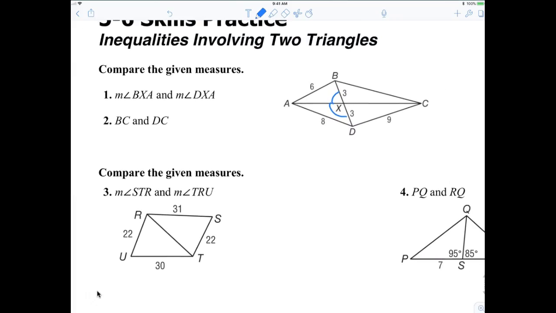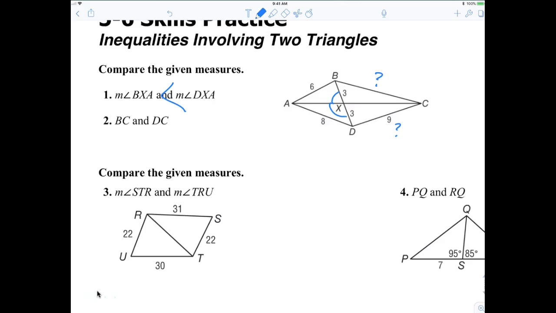So I could easily say that the measure of BXA is less than... Wait, why? Oh, sorry. Now let's take a look at side BC, which is this side over here, compared to DC right here.